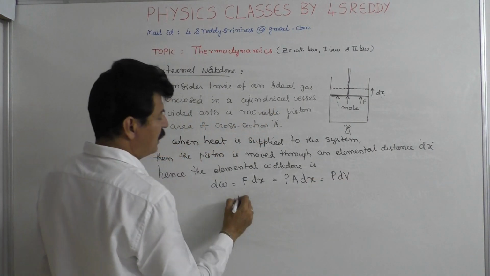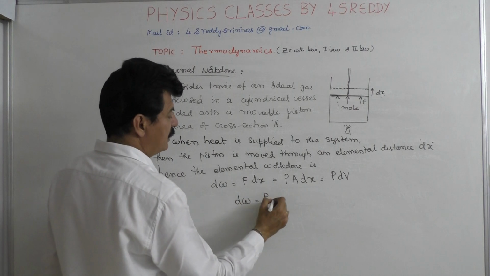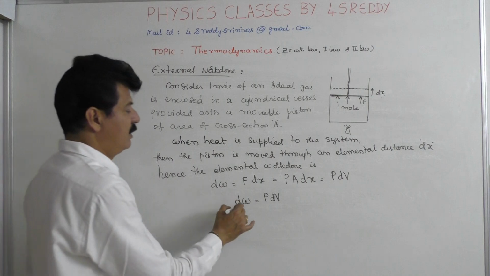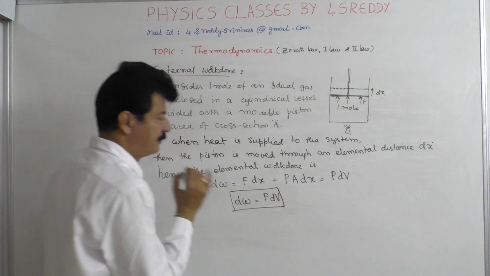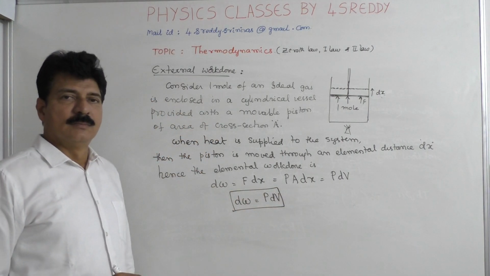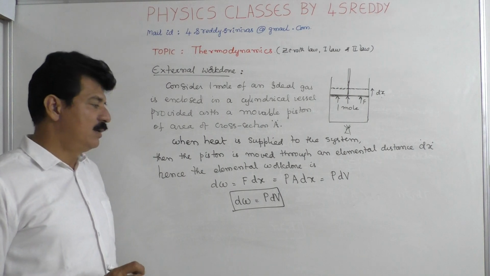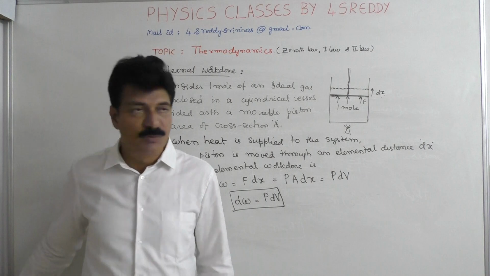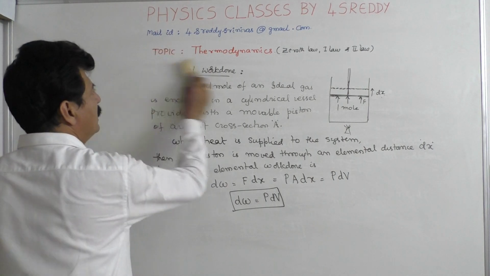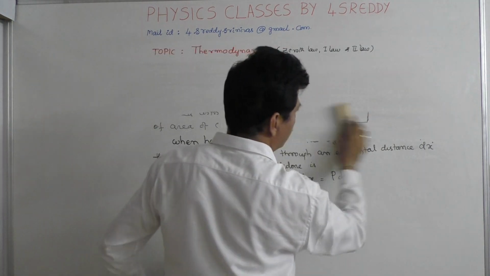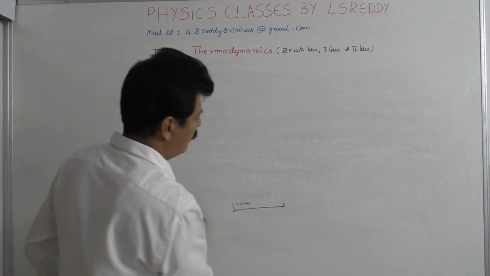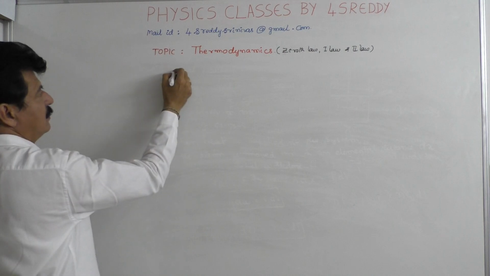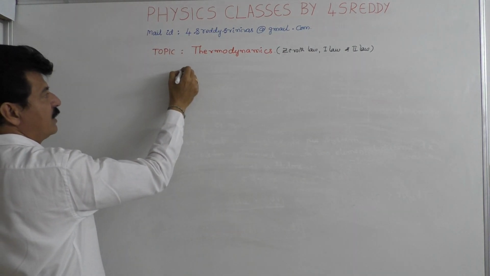This is the work done when it is moved through an elemental distance dx. This is the formula for the work done. The external work done is given by dW is equal to P dV. Once you have got the general idea for the increase in internal energy and the external work done, now we can write this from the first law of thermodynamics.